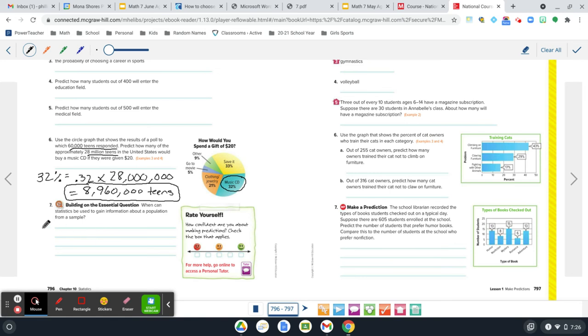So what we've been talking about is a sample is a small representation of the population.